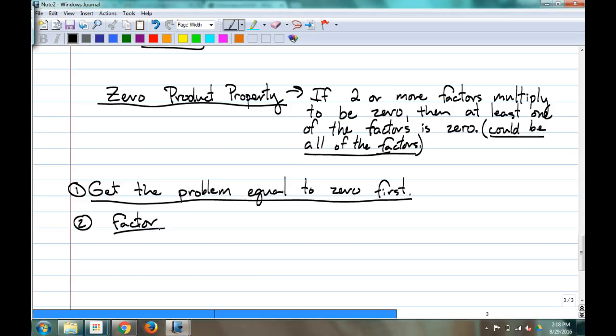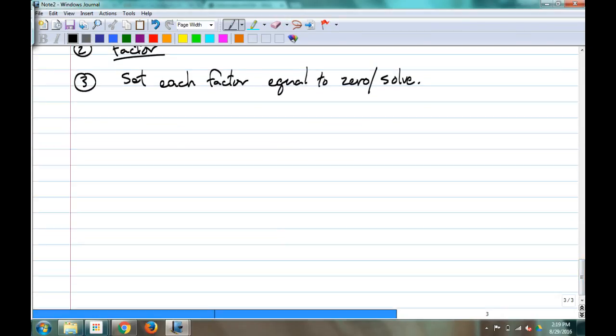That's the steps. Get it equal to 0. Sometimes it will already be there. Then factor it. Once you get the factoring done, set each factor equal to 0 and solve.